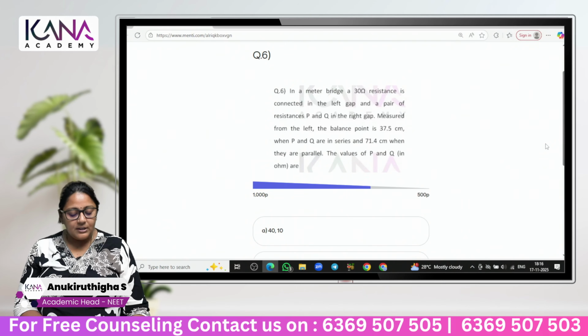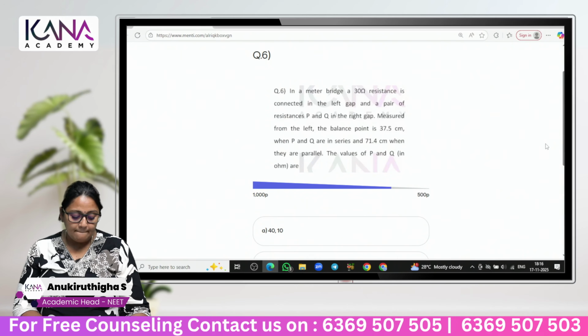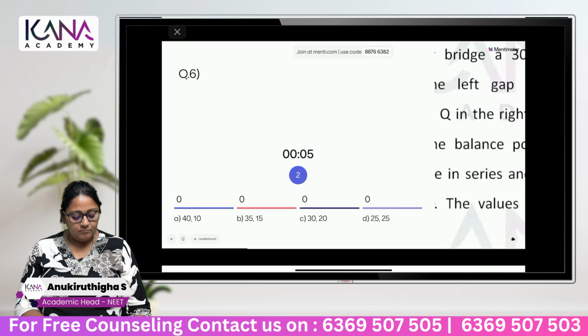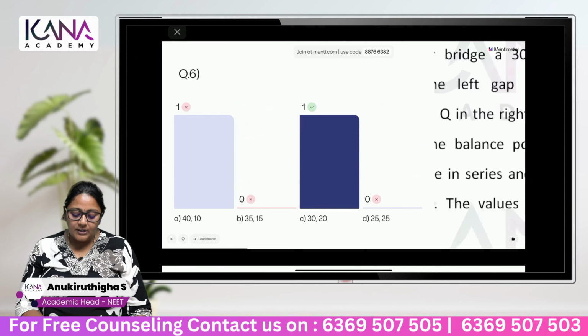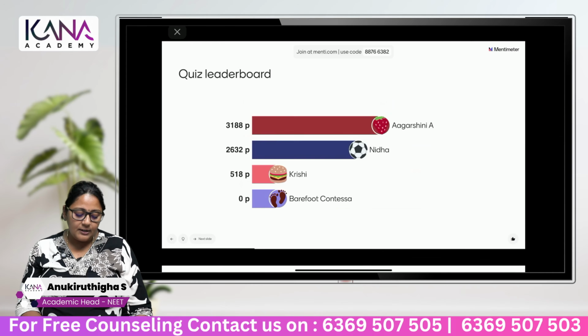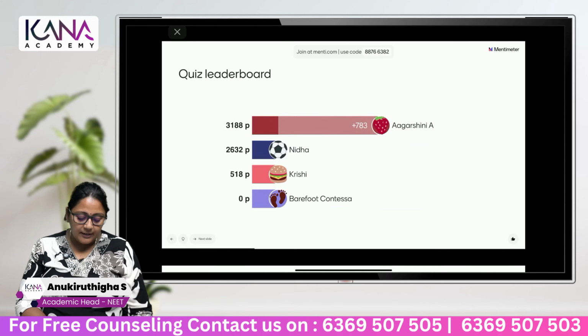And you're left with 20 seconds. Okay, so the right option is C, 30, 20. யார் கொடுத்துருக்காங்க ரைட் ஆன்சர்னு பார்க்கலாம். ஸோ ஆகர்ஷினி மட்டும்தான் ரைட் ஆன்சர் கொடுத்துருக்காங்க.